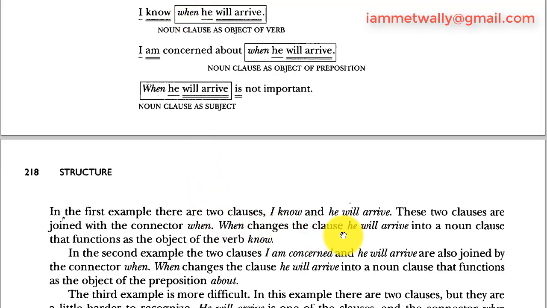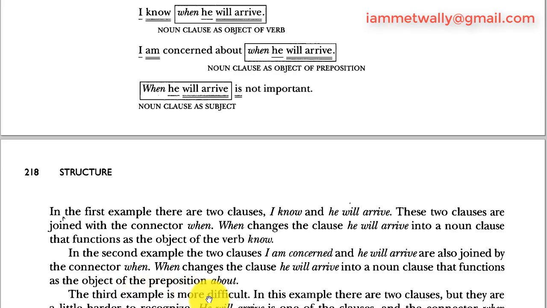When changes the clause he will arrive into a noun clause that functions as the object of the verb know. The connector when changes the clause he will arrive into a noun clause that functions as the object of the preposition about here. So this connector when made this change, so all of it is the object of the preposition about.